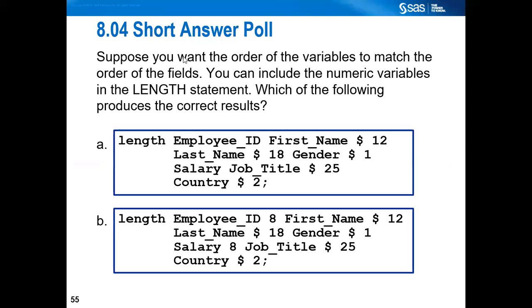Answer this. Suppose you want the order of the variables to match the order of the fields. You can include the numeric variables in the length statement. Which of the following produces the correct result? Is it A or B? Yes, is it A or B?